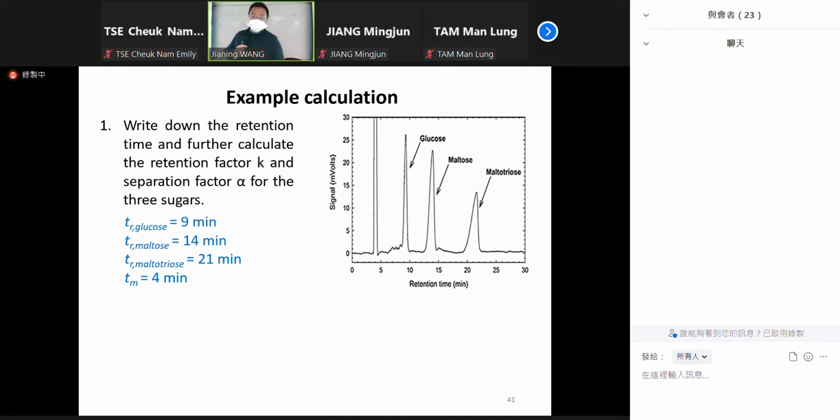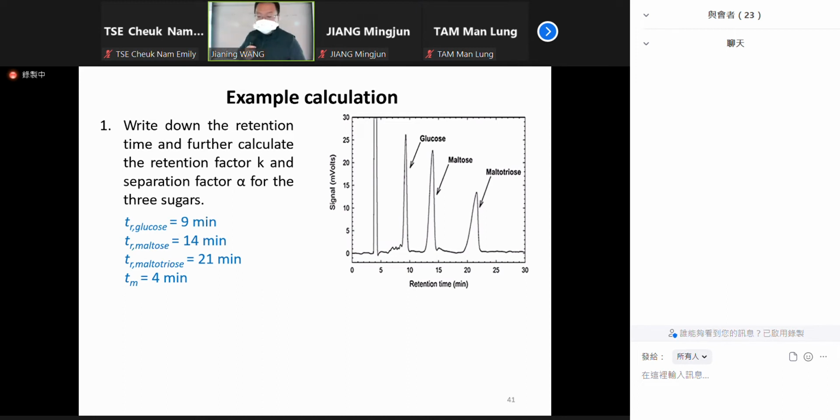So we can read from the spectrum and get the retention time first, for each molecule. The first peak is usually very sharp, maybe not very high, but sometimes it's also quite high. Usually the first sharp peak is the time for unretained species.